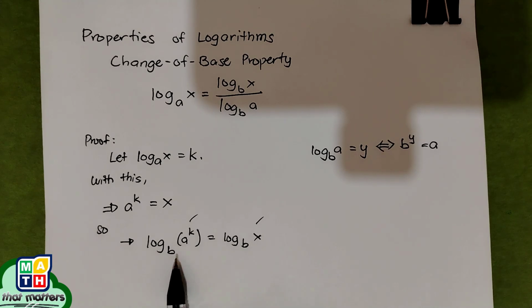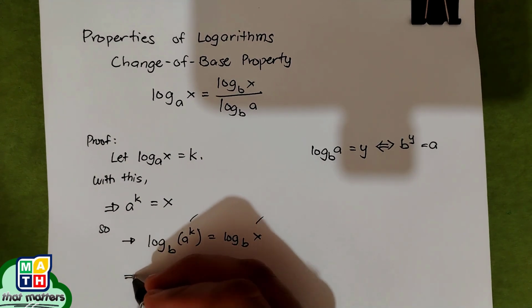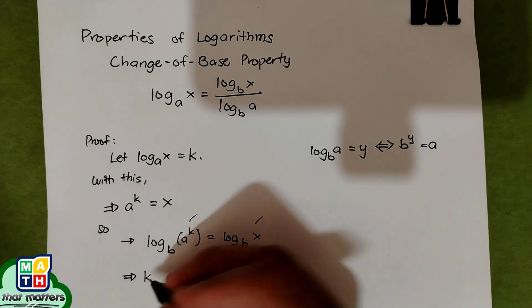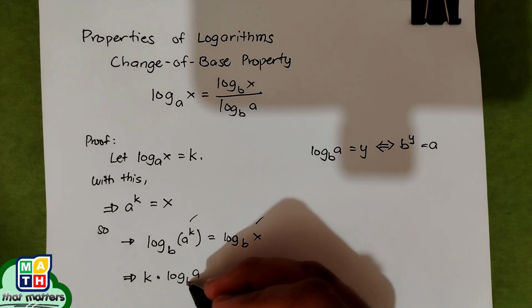So from here, I would like you to apply the power property of logarithms, as we have an exponentiation. With the power property, we can bring out the exponent as the coefficient or multiplier of the logarithm of a to the base b.